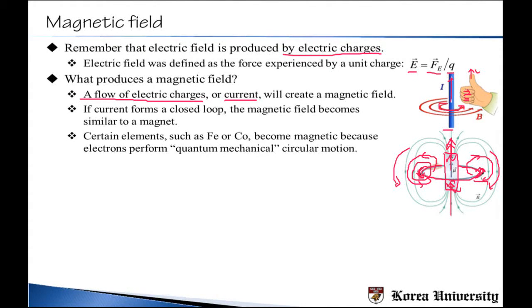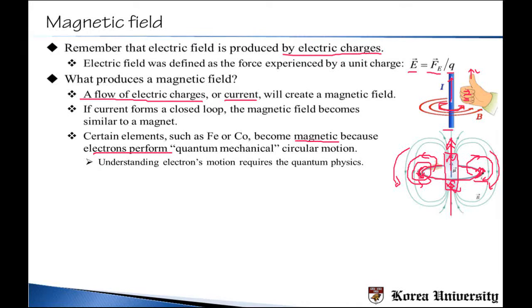these elements become magnetic because electrons perform some kind of circular motion inside. In fact, this circular motion, in simple terms, is similar to the circular motion of the Earth around the Sun or the Moon around the Earth, but that's just too simple an idea. What is really going on is a lot more difficult, and you need to study quantum physics.